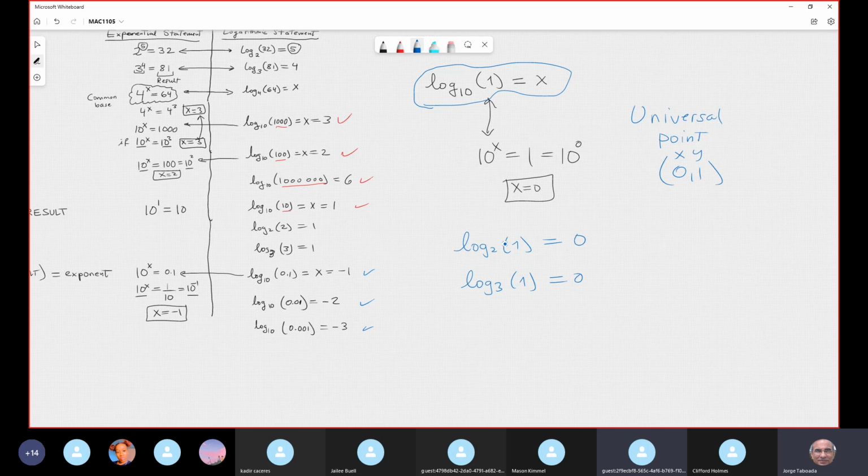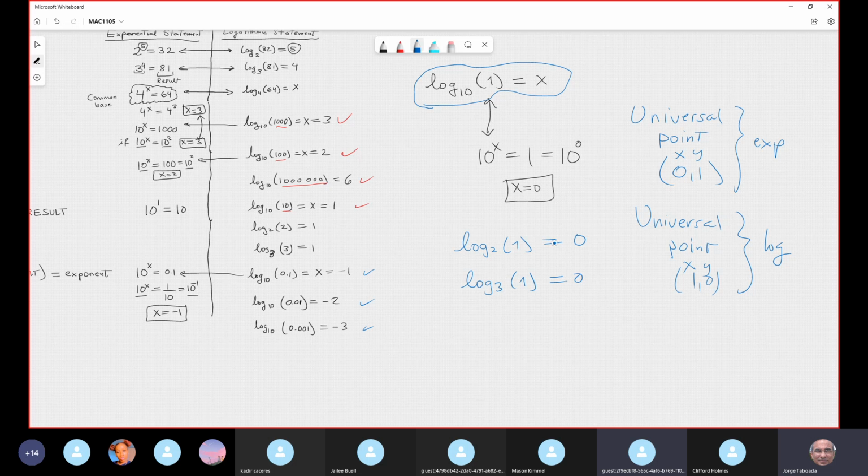But the universal point in the logarithm function is 1,0. Remember that the only thing you are doing is interchanging X and Y. X is 0, Y is 1; Y is 0, X is 1.